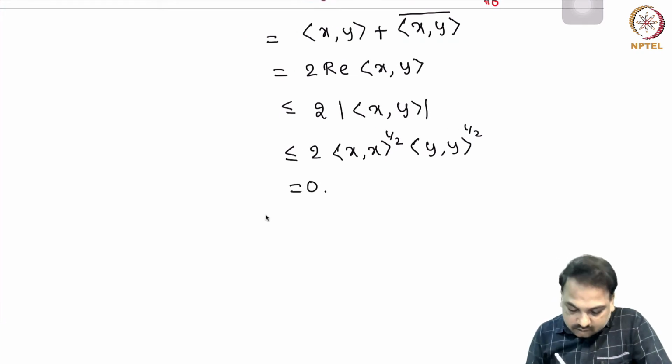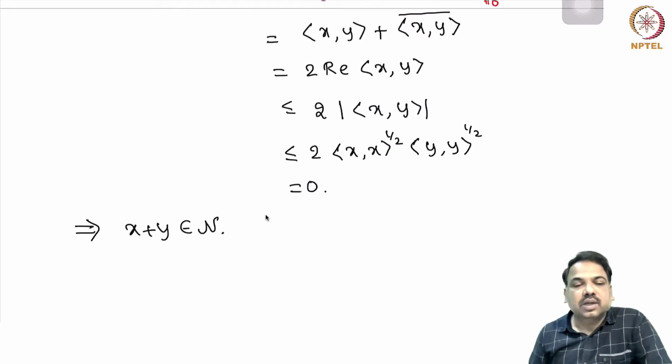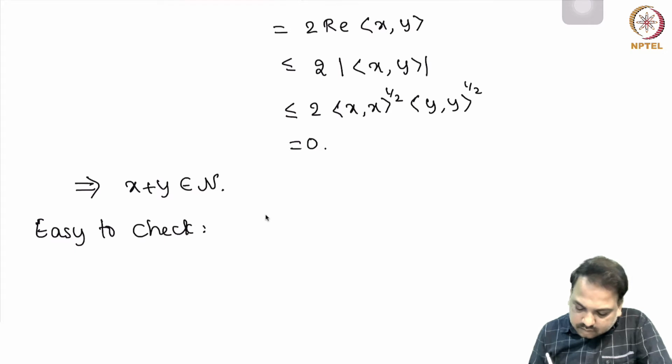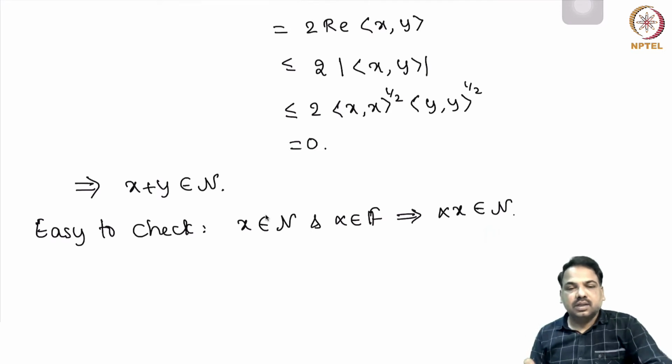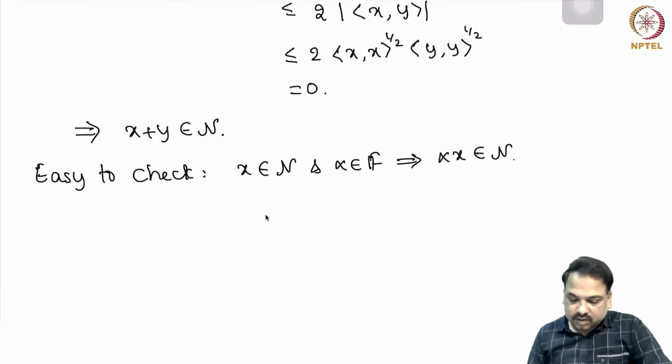So from this we can conclude that X plus Y is in N. Similarly, with this simple reasoning, it is easy to check that if alpha is an element from the field, then alpha X is in N. This says that this N, whatever we have defined, is a vector subspace of X.